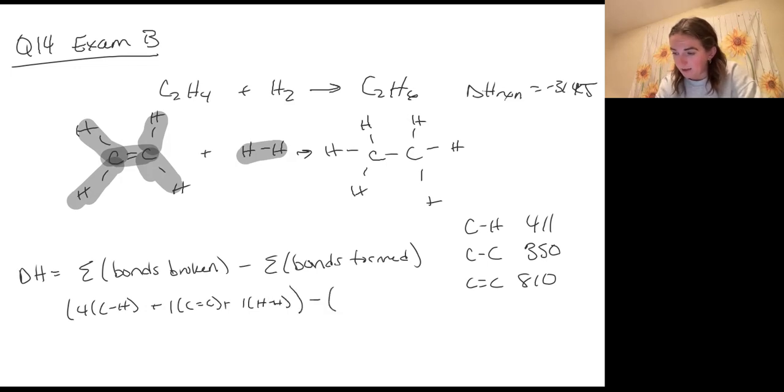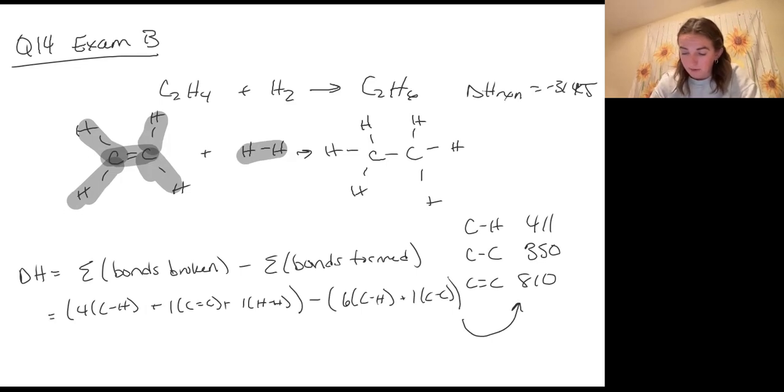And then you have minus 6 CH bonds being formed and 1 CC bond being formed. You can use these formulas over here, and this will all be equal to the negative 31 that we were given in our question to begin with. You can just plug in the values given and then solve for X there.